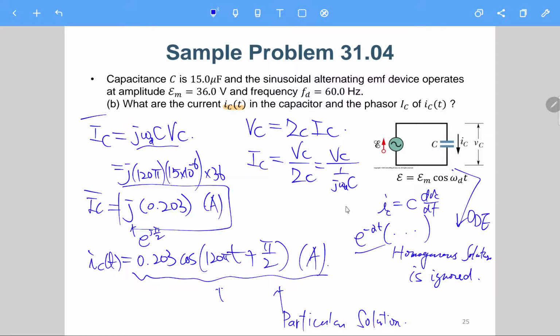So sometimes what we only concern is the particular solution, because the input g of t here is a sinusoidal function. So the particular solution is also a sinusoidal function. And it will go on to infinity in t. It will not decay with respect to time.